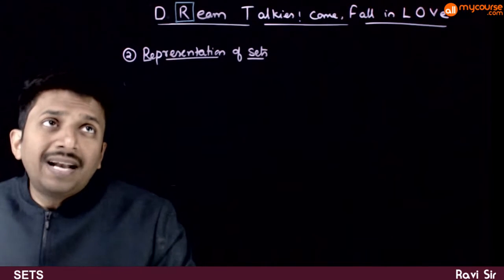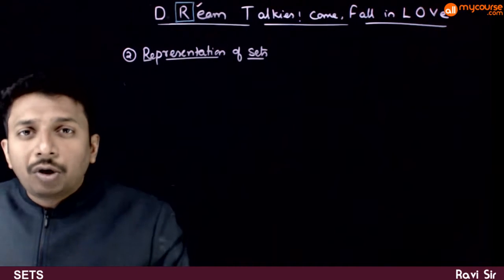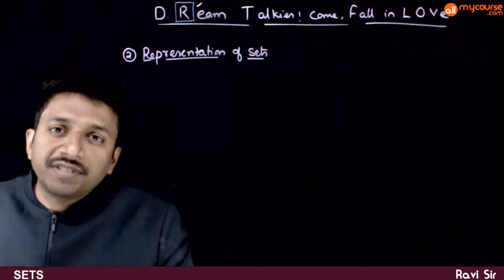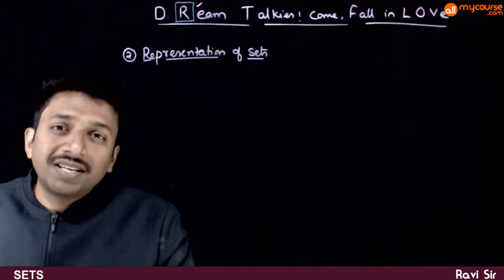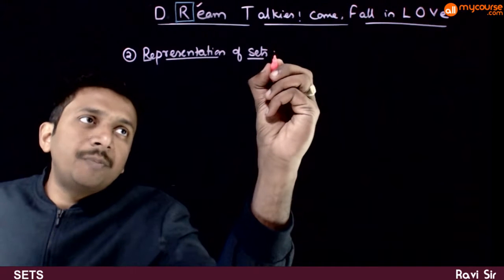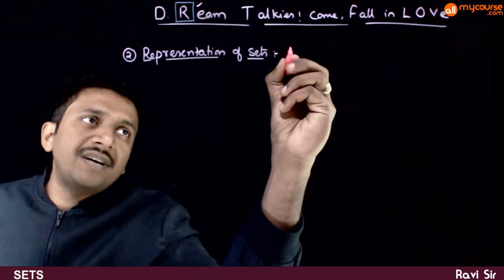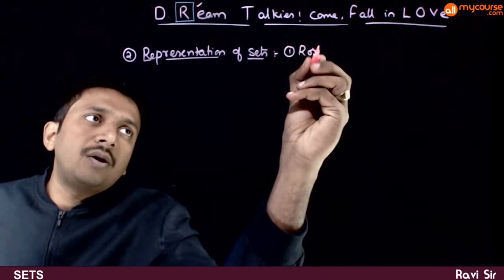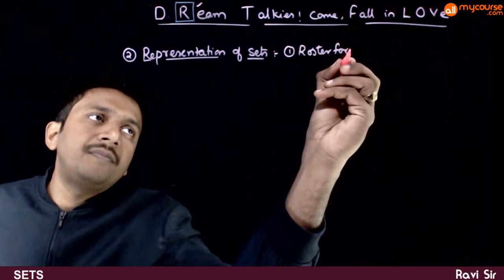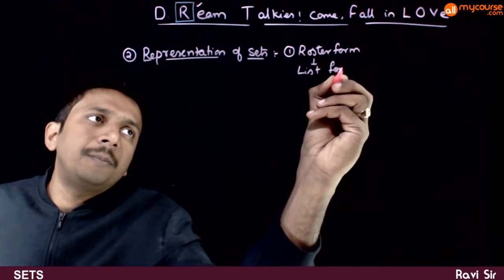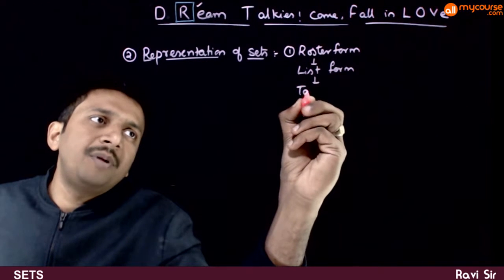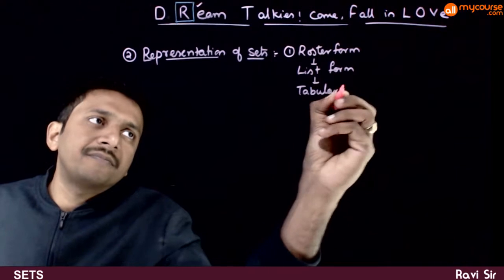So now let us go to our second topic, which is representation of sets. So how are sets represented? How are sets written? So sets are represented in two forms. The first is roster form or list form or tabular form, so on.